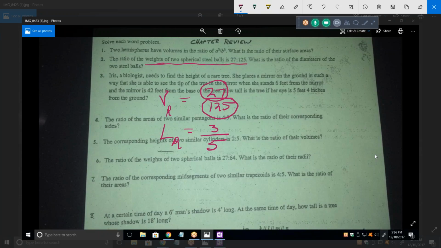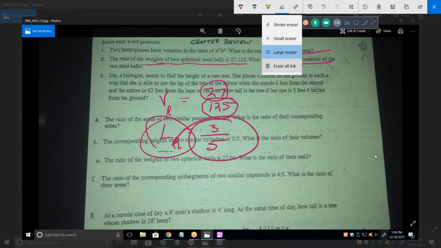If you're talking about a diameter, it's in inches, right? So this is the answer, 3 to 5. No matter whether you're asking about area or volume, you have to find the linear ratio. That's almost a given in all of these problems. Find the linear ratio first and then go from there.